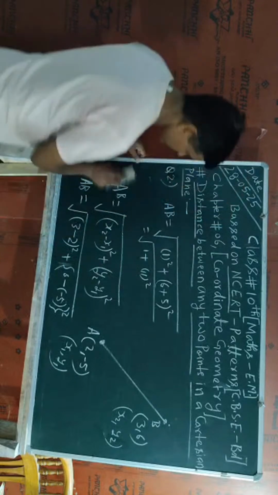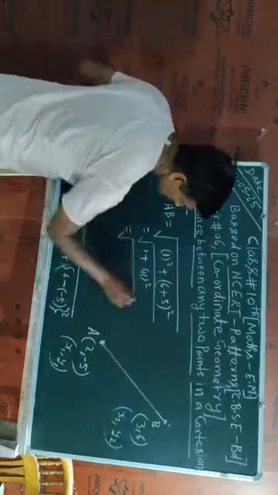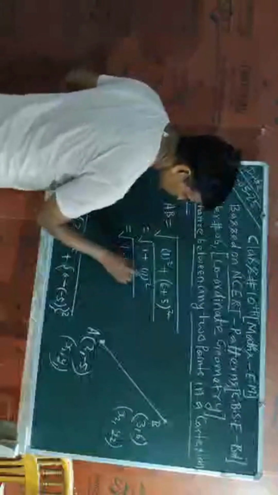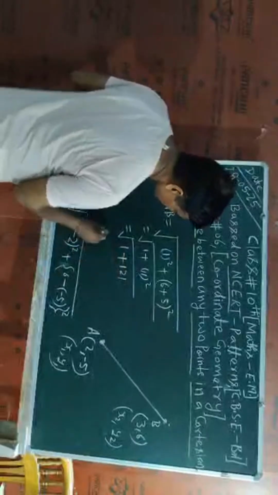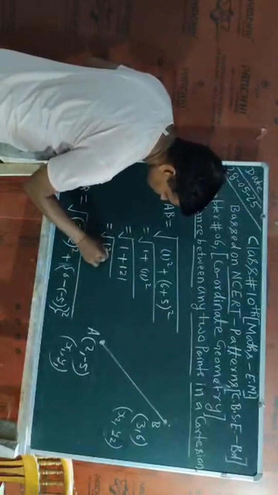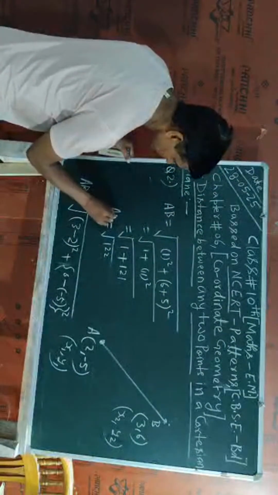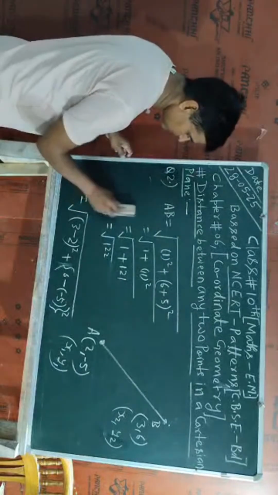Now further I am going to erase. After simplifying, I will write this value like this: 1 plus 11 whole square, that will be 121. Now I will add it. After adding, I will write here 122. So AB length will be square root of 122.